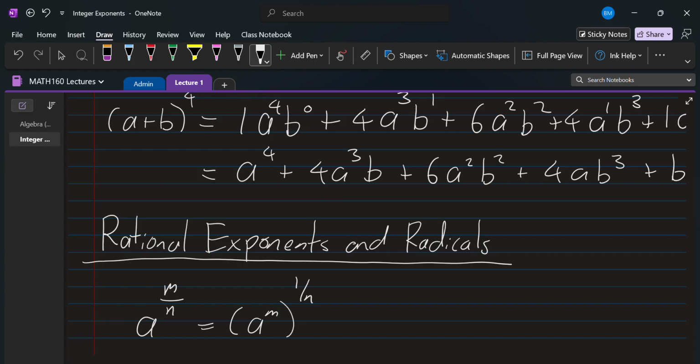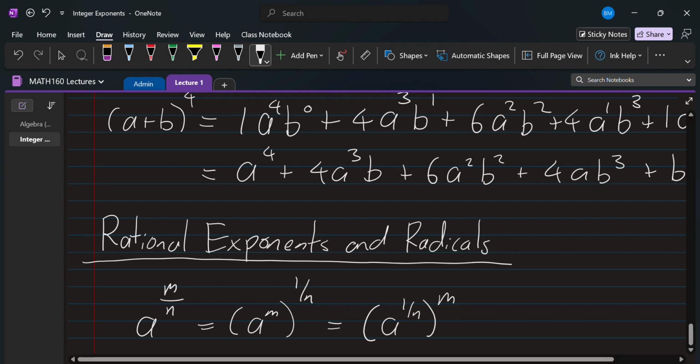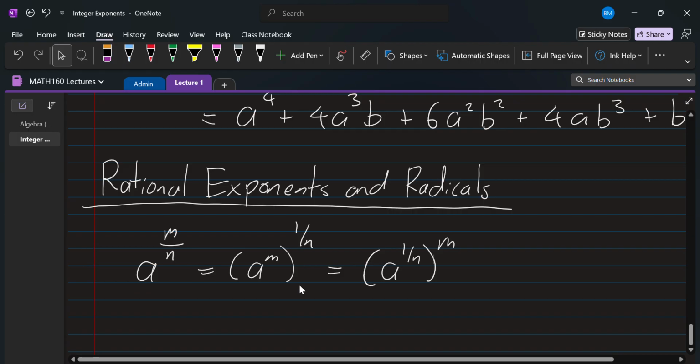So we end up with a to the m over n. So some integer m, some integer n, that makes a rational number. How do we work with this? Well, this just means we're going to have a to the m. So the numerator goes there. That's going to be our power to the power 1 over n. So we can split it up like this. Again, just go backwards. We'll see we end up with that.